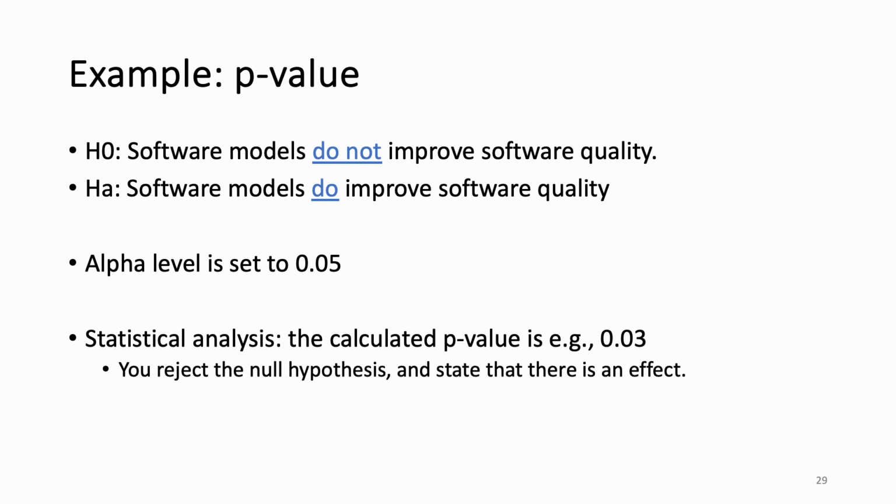After that, we conduct the statistical analysis. We run a specific test, and let's say that the calculated p-value is, for example, 0.03. So we can see that the p-value is less than the alpha. So we reject the null hypothesis and we state that there is an effect or there is a difference. So the software models do actually improve the software quality.